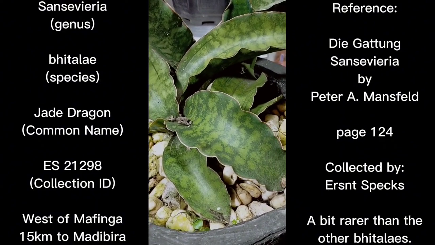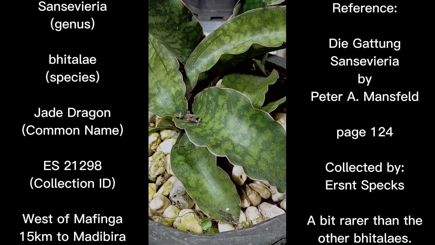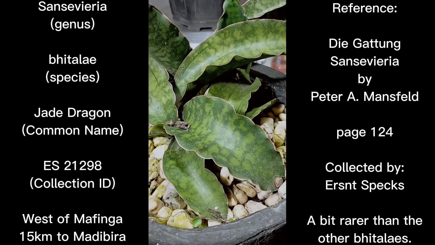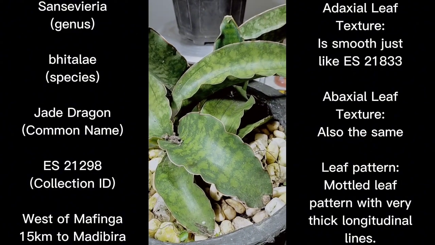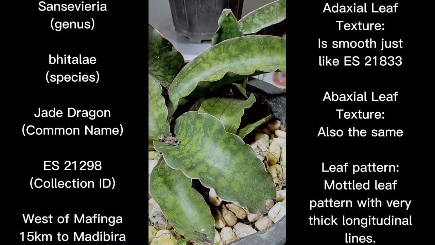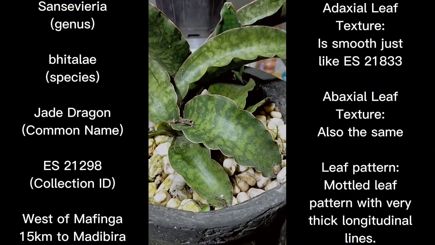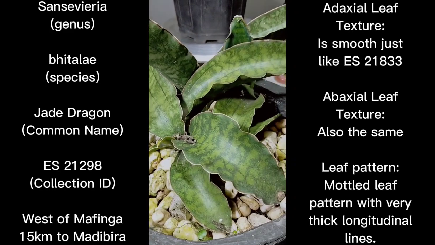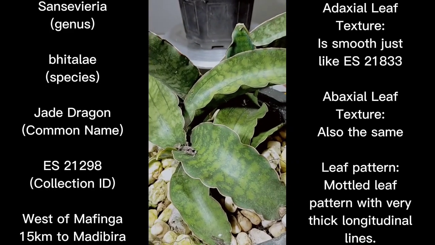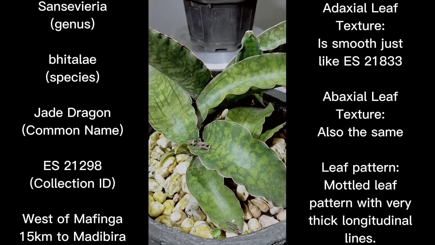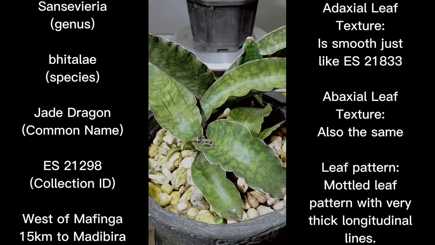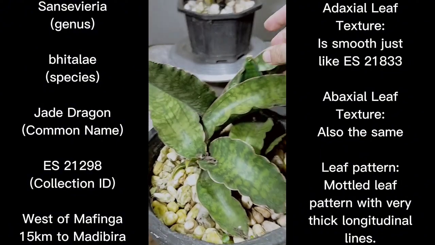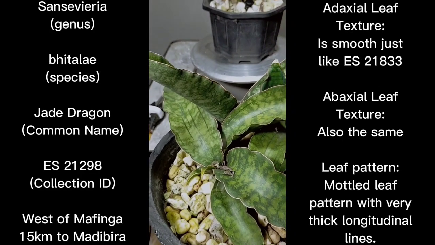I didn't bother to video and risk carrying it, because you already saw it when he carried the ES21833 or the Dragon Wing. My specimen of the 21298, the Jade Dragon, is not as large as I expected it to be.